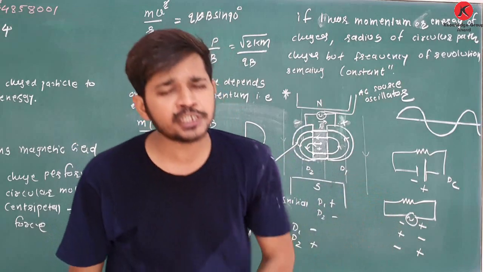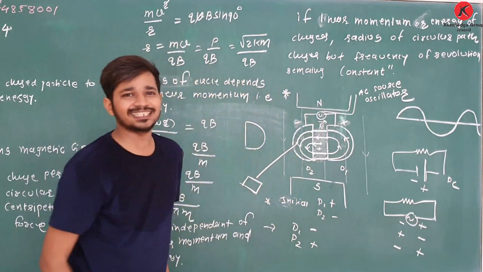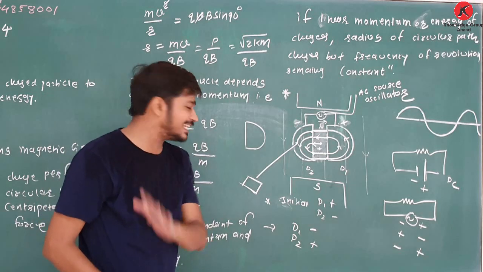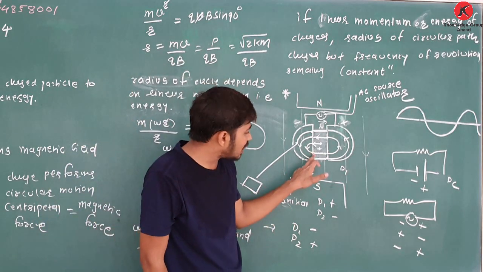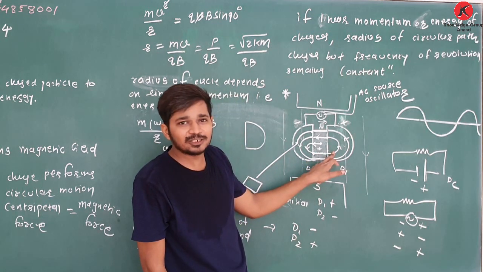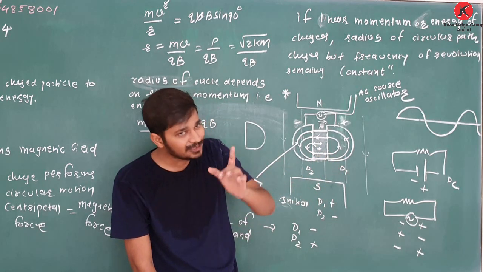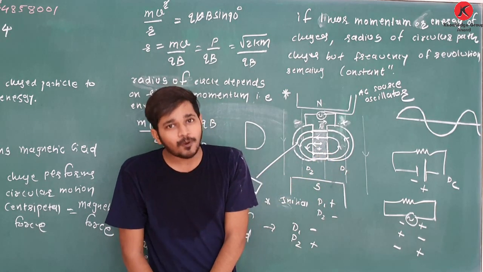But what is the condition to operate this cyclotron? Yes, the polarity of these plates. If, whenever this charge is about to exit from this D, this plate is not negatively charged, then will it accelerate? No, it will not accelerate. Then what is the condition?